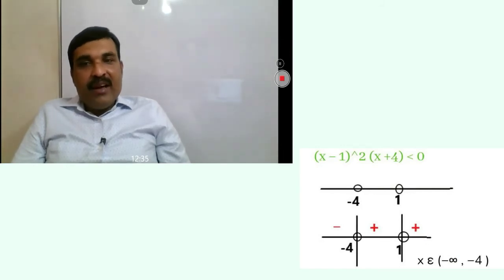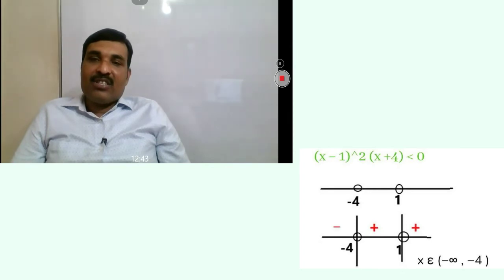So we have a hollow circle at the point x is equal to minus 4 and x is equal to 1. So function is less than 0 or function is negative if x belongs to open interval minus infinity to minus 4. So the answer is x belongs to minus infinity to minus 4. Both are open brackets. That means that points are excluded.